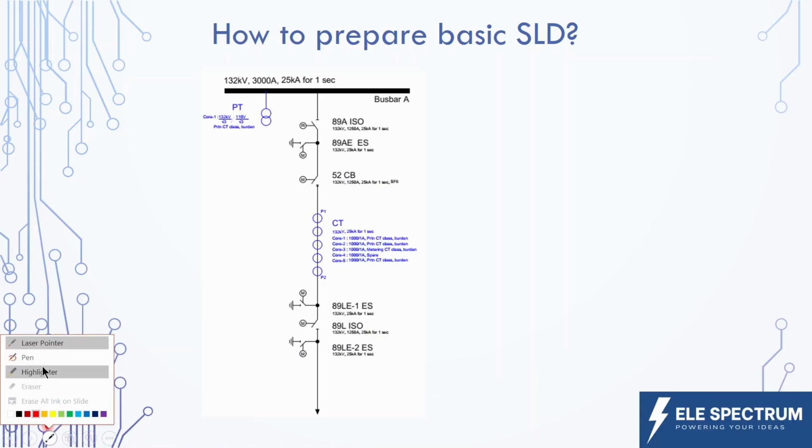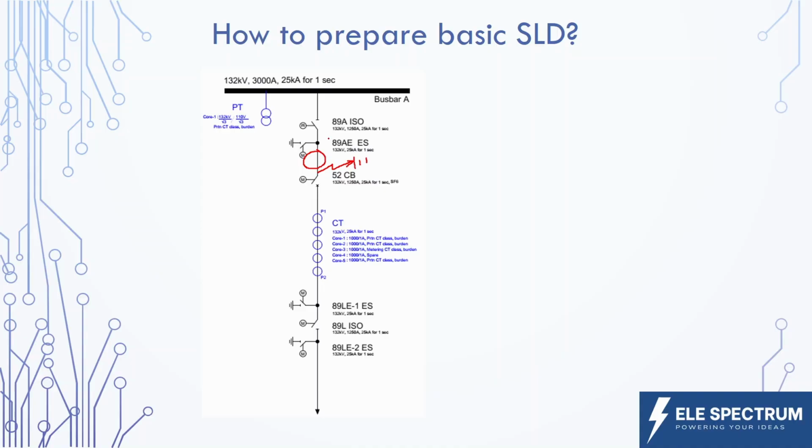So let us consider if we are placing this current transformer before the circuit breaker, for example here, then what happens? Suppose we have a fault at the terminal of the circuit breaker on this side. The current flowing from this side will also flow through the current transformer, and it will be detected by the protection relay, and it will trip this circuit breaker.